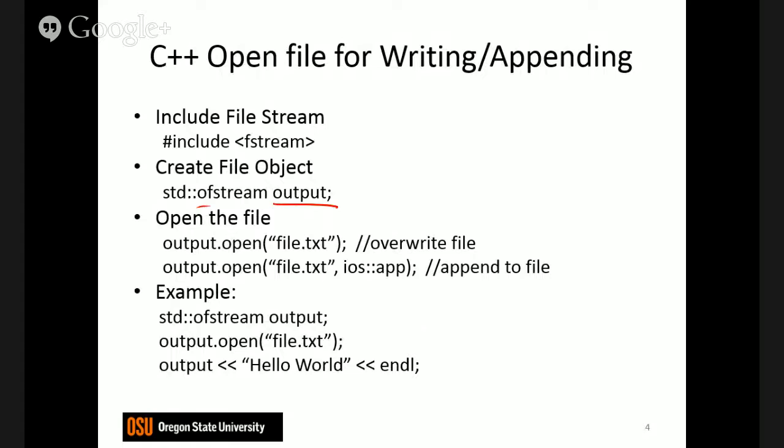You can open up your output stream. If you don't specify anything, it overwrites. If you need it to append, you have to say, I need this stream to be open for appending. By default, it's not open for appending.